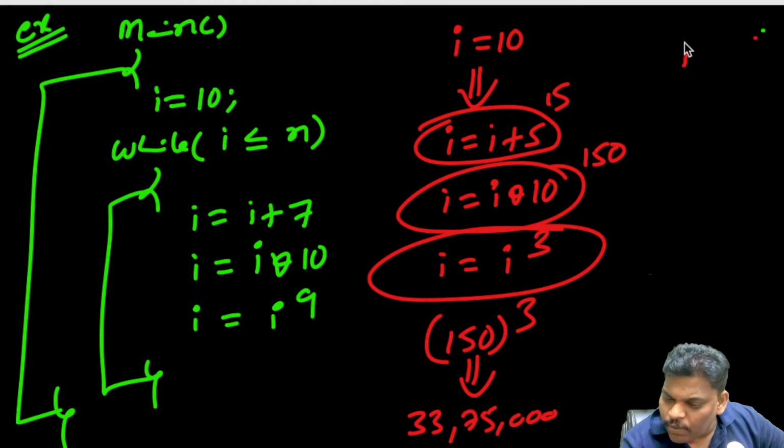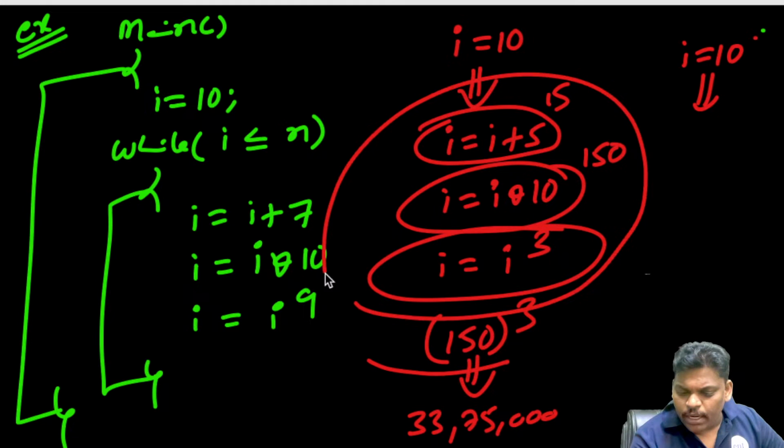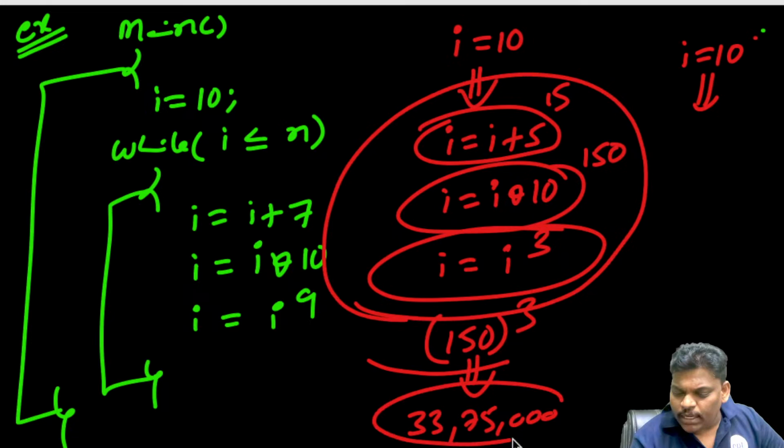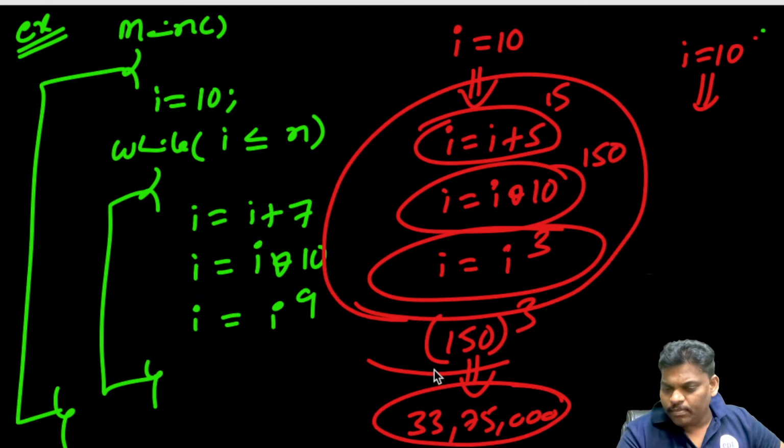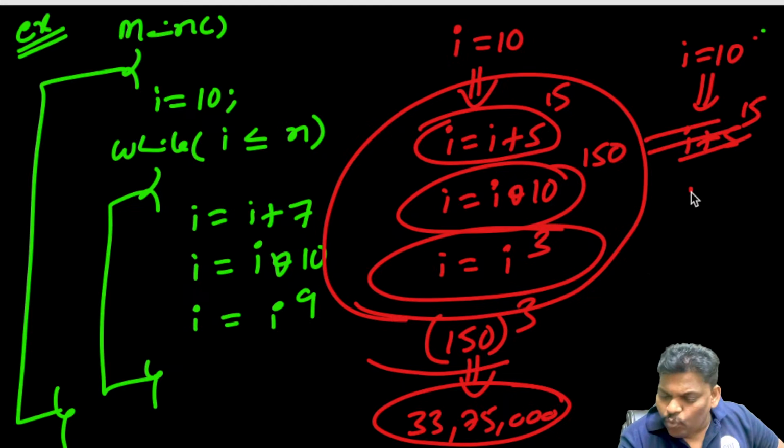So with i equal to 10, if I do all three operations combined, I get approximately 33 lakh 75,000. If I do only i plus 5, it gives only 15. If I do only i into 10, it gives 100.